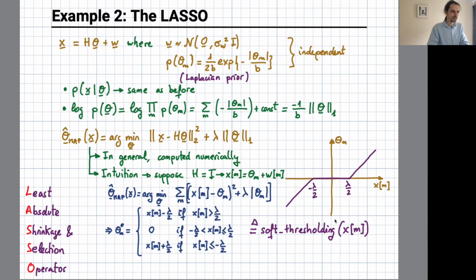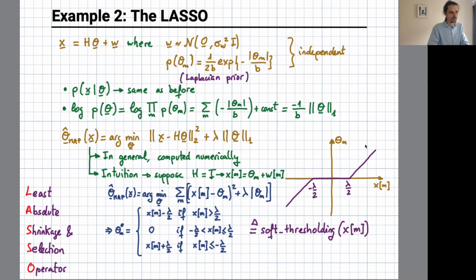Whenever xm is in this interval over here, the resulting theta m will be 0. And whenever it is greater than lambda halves, the output is not xm, but xm minus lambda halves.